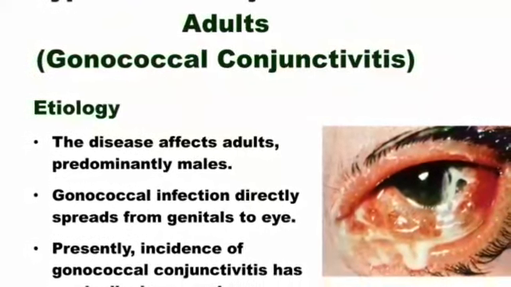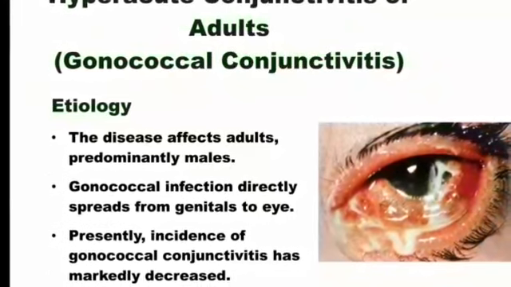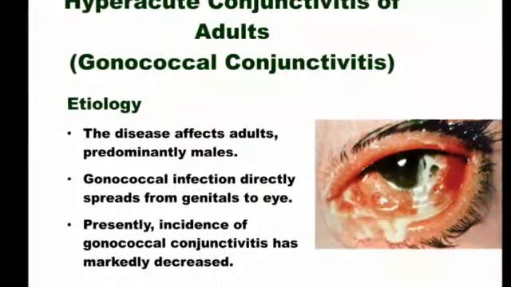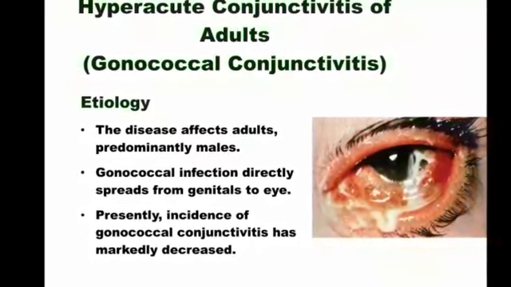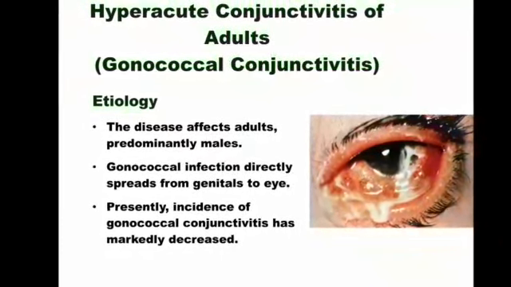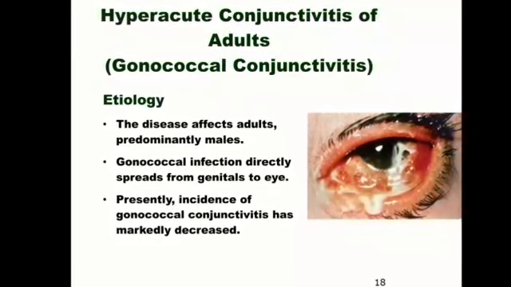Hyperacute conjunctivitis of adults or gonococcal conjunctivitis. Etiology: the disease affects adults, predominantly males. Gonococcal infection directly spreads from the genitals to eye. Presently, incidence of gonococcal conjunctivitis has markedly decreased.